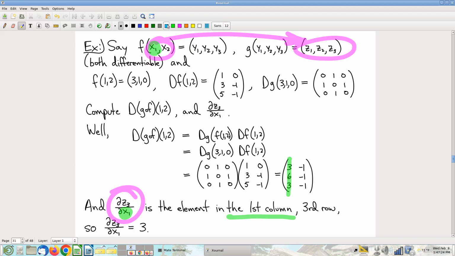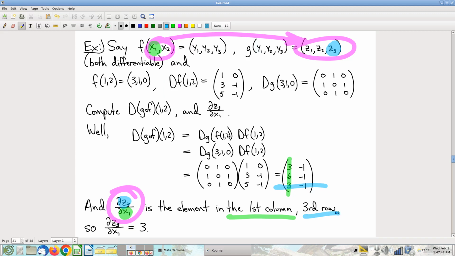Okay, next, notice we're taking the partial of Z3. Notice that Z3 is the third of our output variables. That means, keeping in mind that output variables correspond to rows, right? If we're looking at the third output variable, our answer must be in the third row.